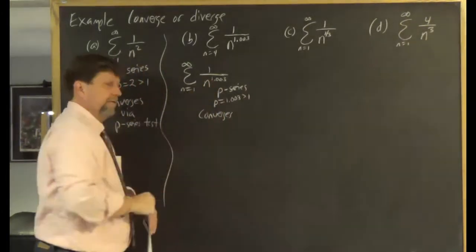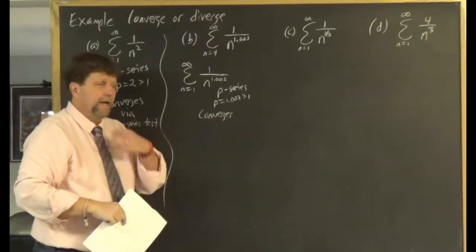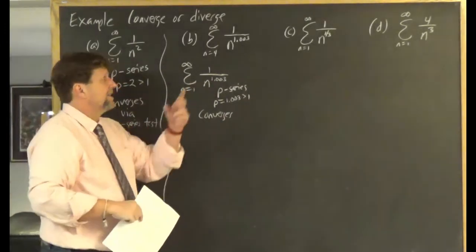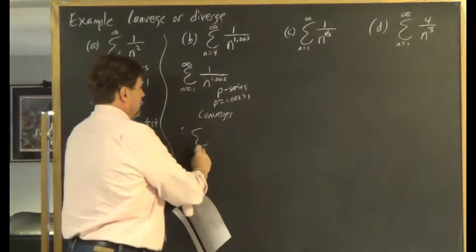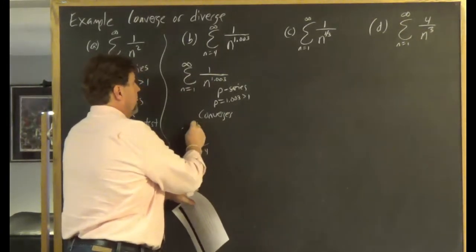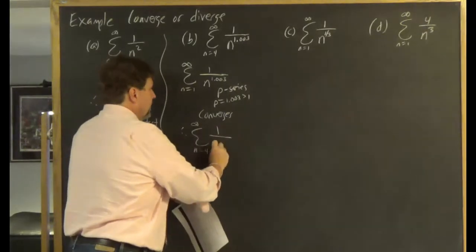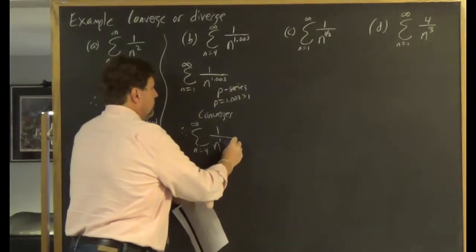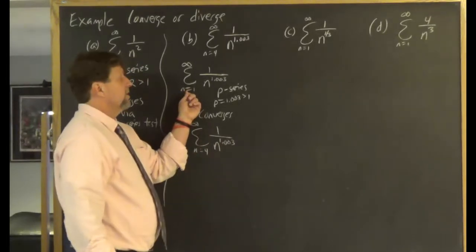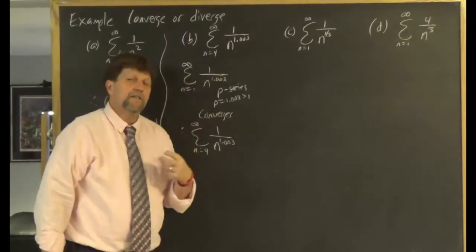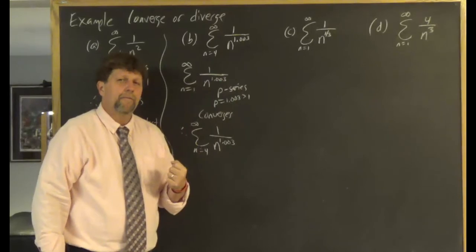So you know this converges. So what I need you to remember is the original series also converges, because what's the only difference between this series that starts at 1 and the series that starts at 4?